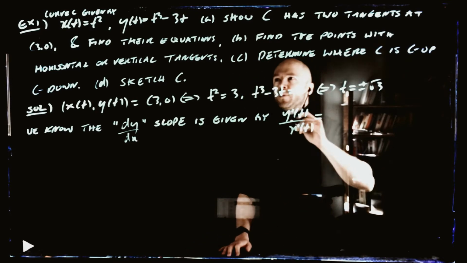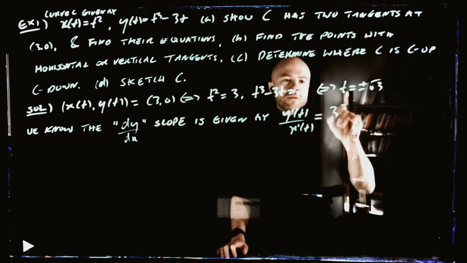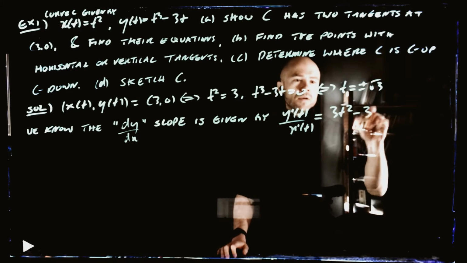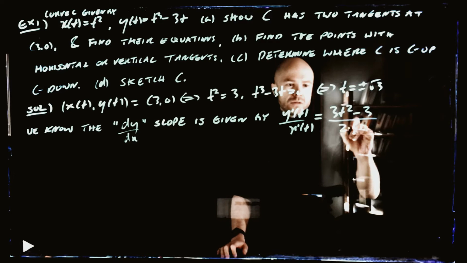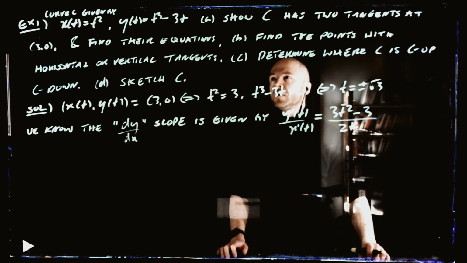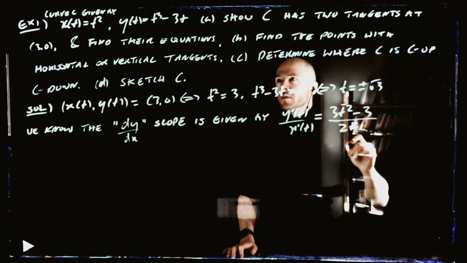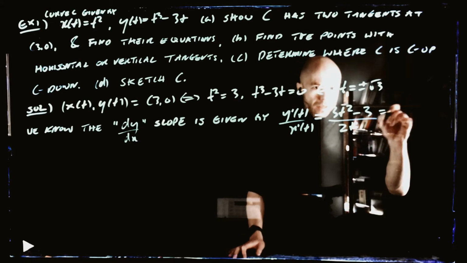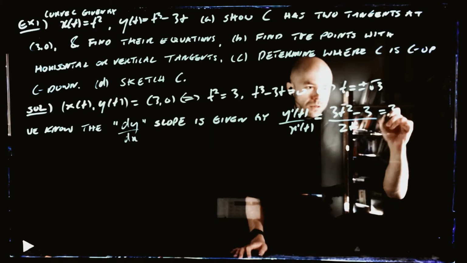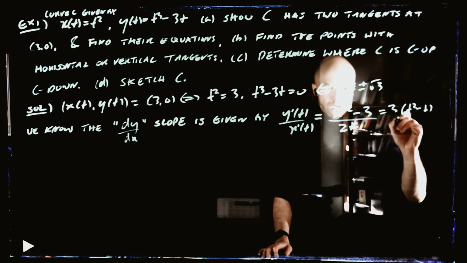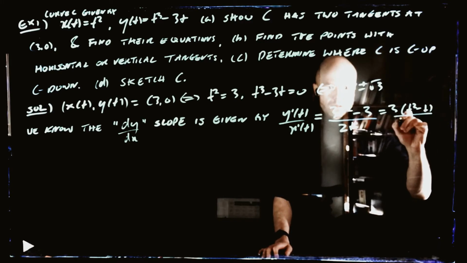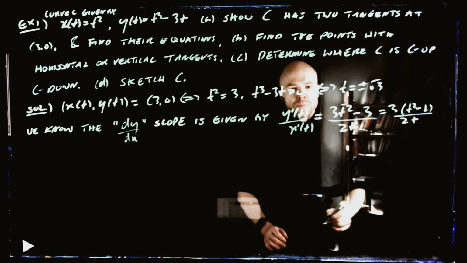So y prime is equal to 3 times t squared minus 3. And x prime is given by 2 times t. Yeah? So what is that going to be? That's going to be 3 of t squared minus 1 over 2 times t. Yeah?